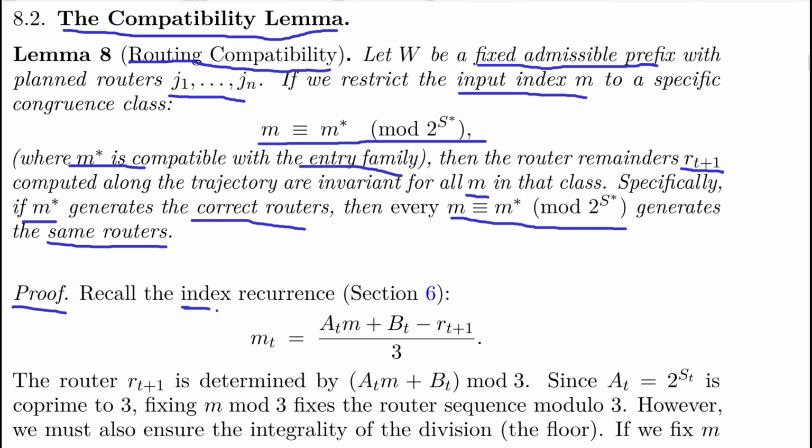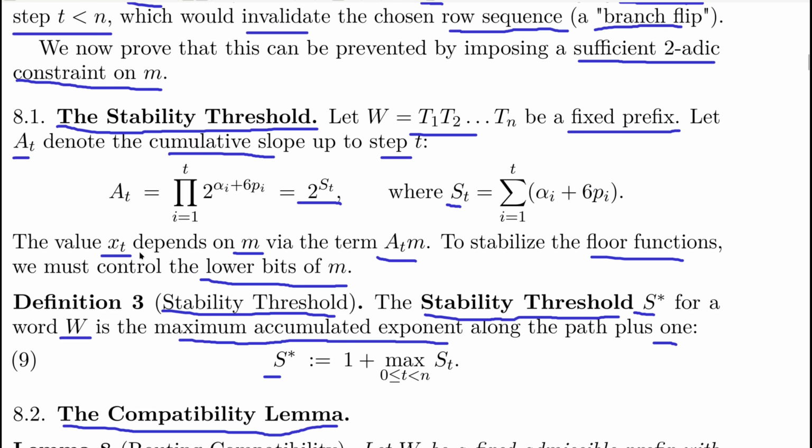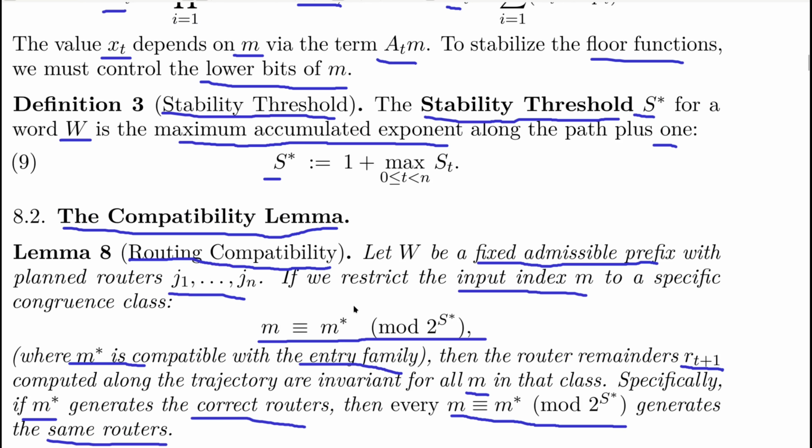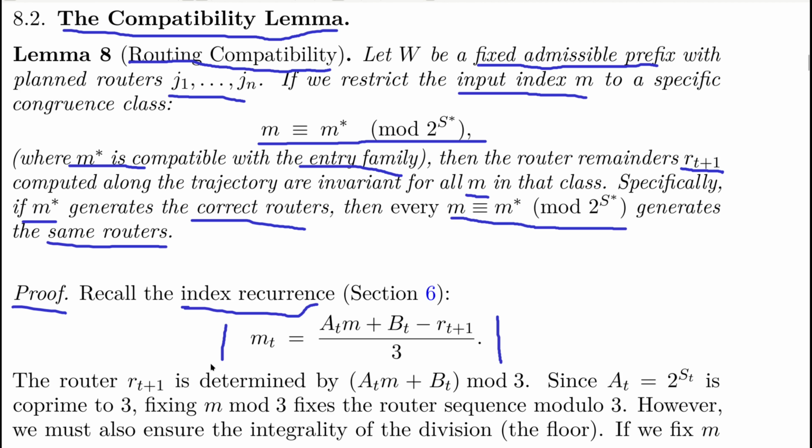Recall the index recurrence, which we had shown: M_T equals (A_T M plus B_T minus r_{t+1}) all over 3. And A_T is the product from i equals 1 to t of 2 raised to alpha_i plus 6 pi.